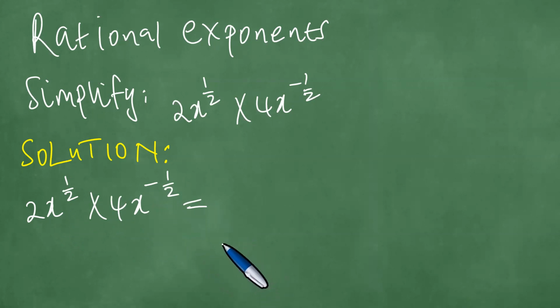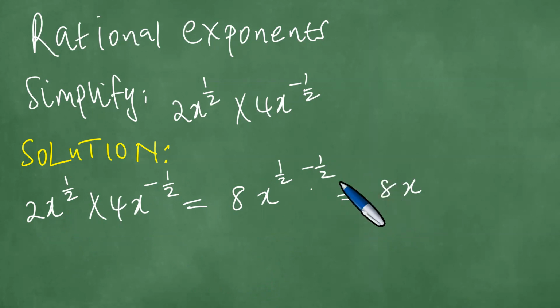Okay, so to do this one, we multiply just the numbers. 2 times 4 is what? It's 8. Then because we're multiplying these, we add the powers. What is 1/2 minus 1/2? What is x to the power 0? 8 times 1.